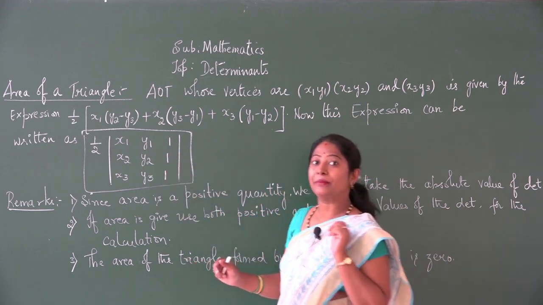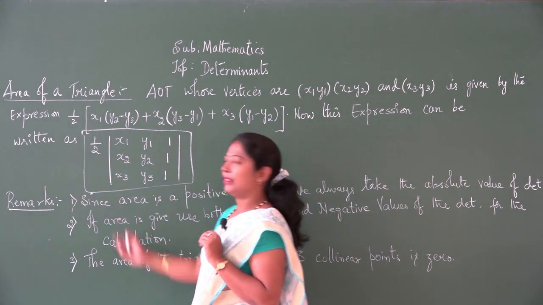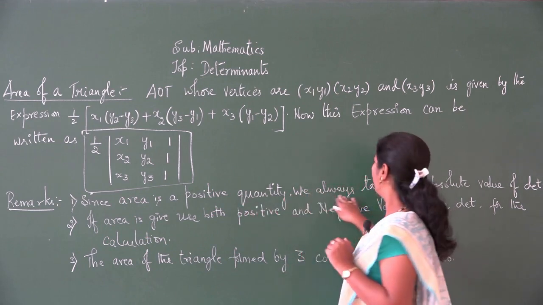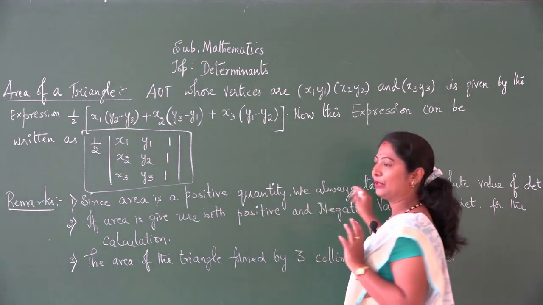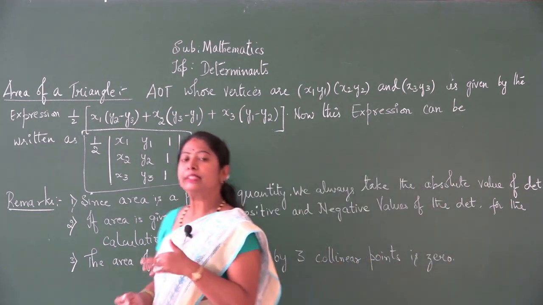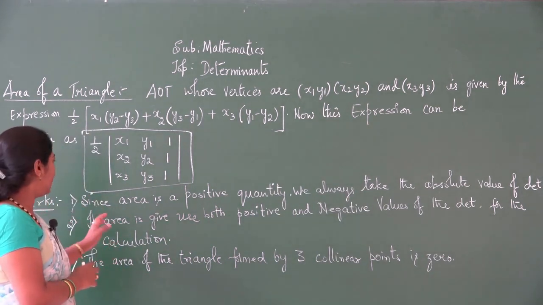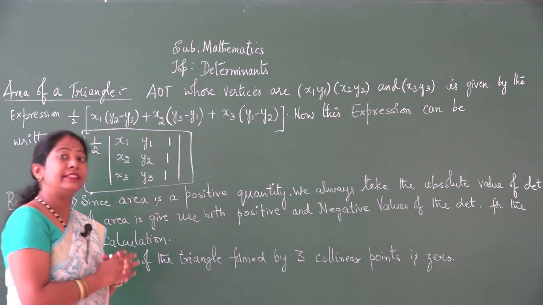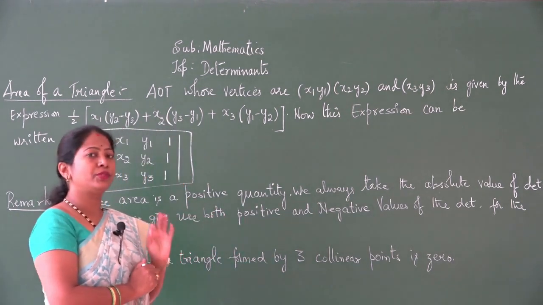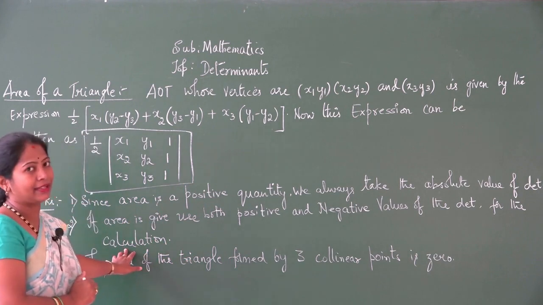Now we shall note some remarks in this topic, area of a triangle. The first point, since area is a positive quantity, we always take the absolute value of the determinant. Area cannot be negative. Second one, if area is mentioned in the problem, we are supposed to use both positive and negative values of the determinant for the calculation.